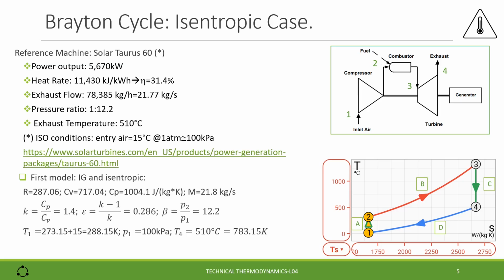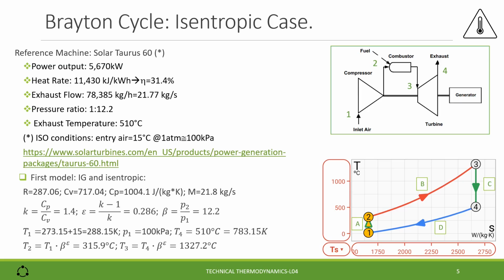The initial temperature under ISO condition corresponds to 288.15 Kelvin, the pressure 100 kPa, and the exhaust temperature, which is 510 degrees, corresponds to 783.15 Kelvin.